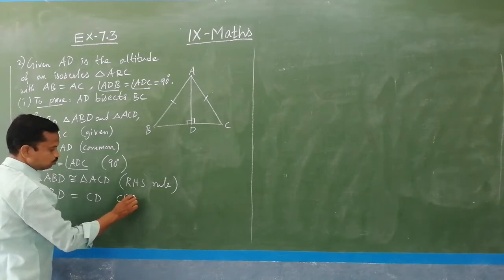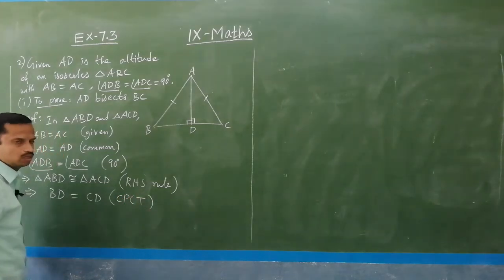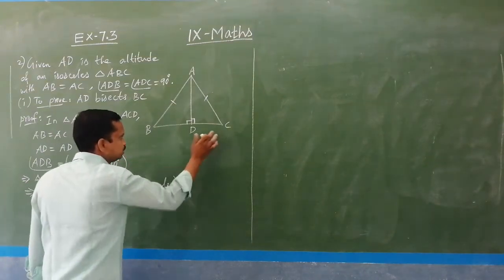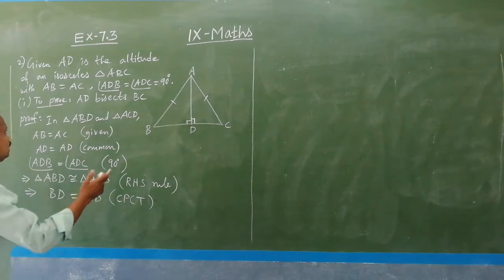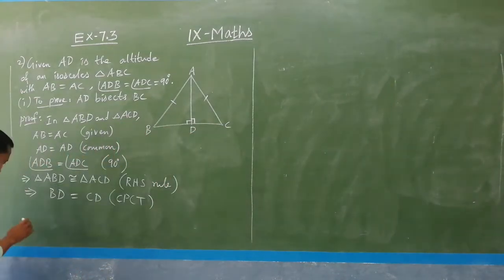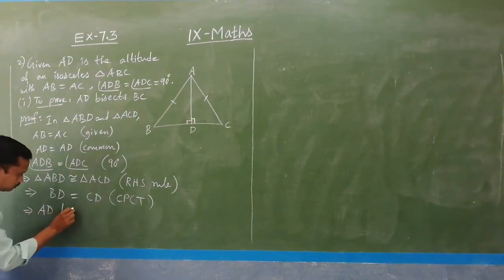By which property? CPCT, the corresponding parts of congruent triangles. So after proving these two sides BD and CD are equal, we can say AD bisects BC because these two are equal. So this implies AD bisects BC.